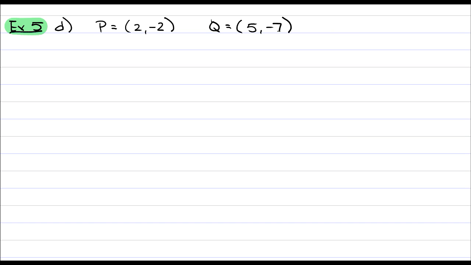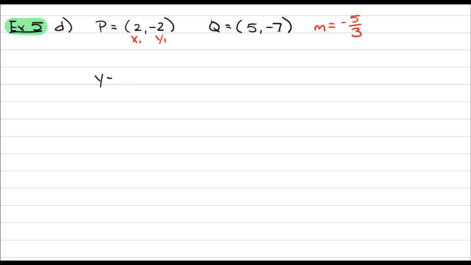Back in example 2, we saw that the slope for the line that passes through these 2 points was minus 5 over 3. And as in the previous examples, I'll let my points in P be x1 and y1.